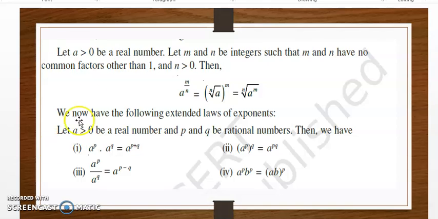Now for a real number a greater than 0, and m and n integers such that they have no common factors other than 1, and n is greater than 0, a power m by n is the nth root of a raised to the power m.